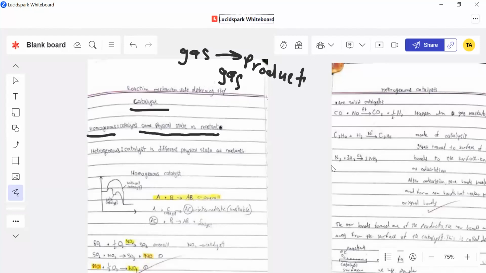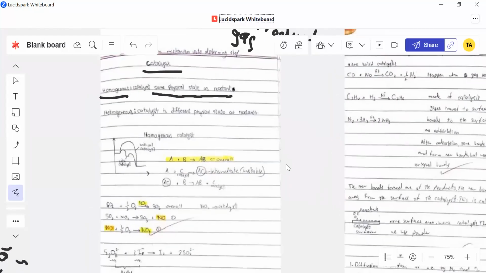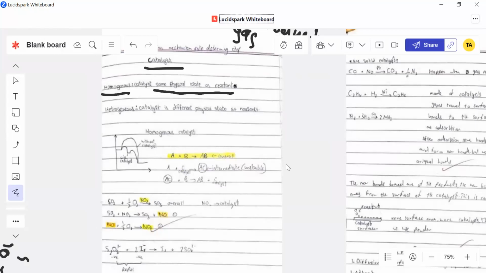So, for example, SO2 reacting with oxygen produces SO3. So sulfur dioxide with oxygen produces sulfur trioxide. Now the catalyst used here is nitrogen dioxide, and nitrogen dioxide is a gas. And the reactants that were used were also gases.